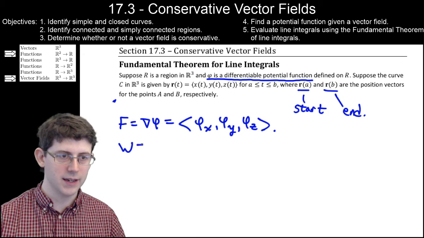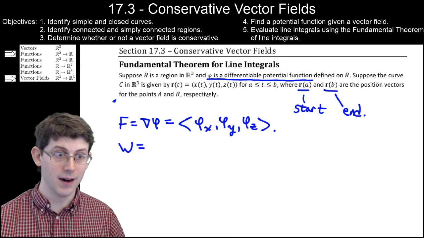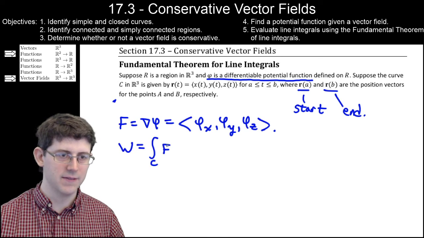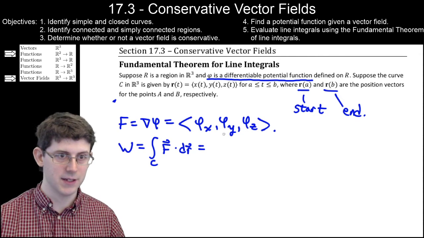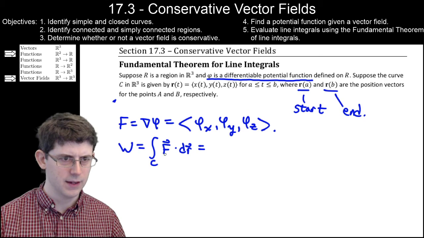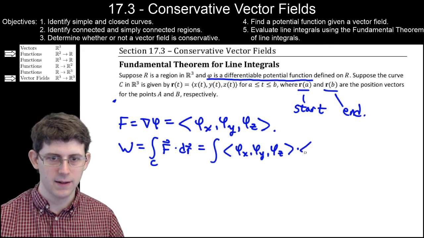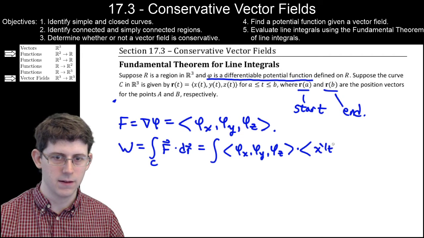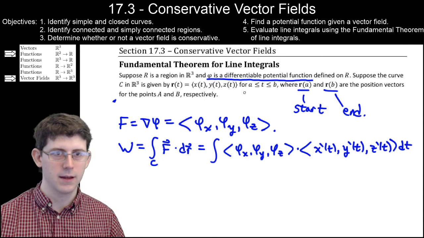And then the work done by this vector field when we go along this path r is the integral of F dot dr. F is this thing, dot with dr, and I'm going from A to B.